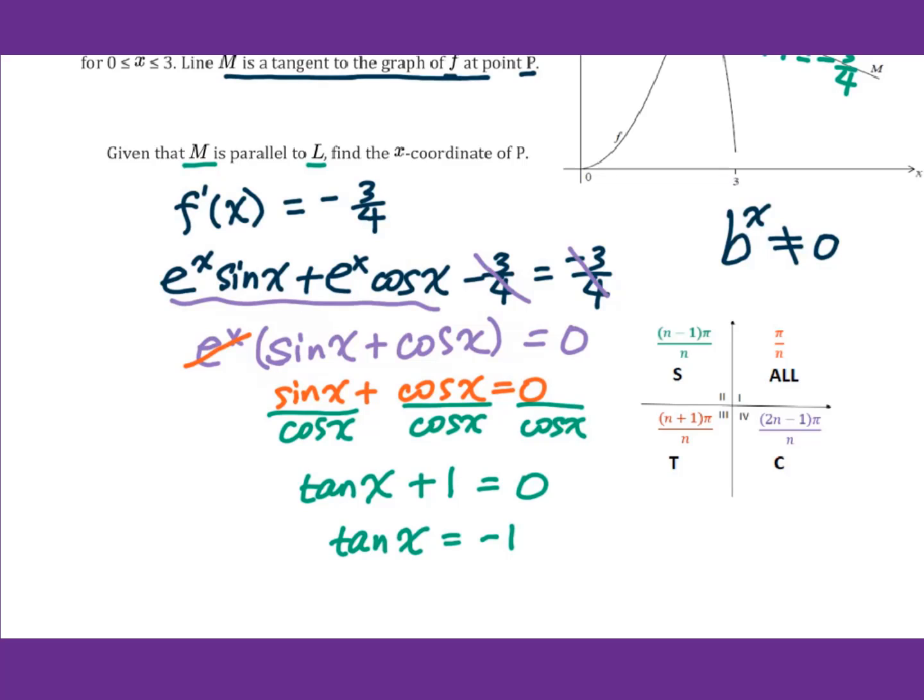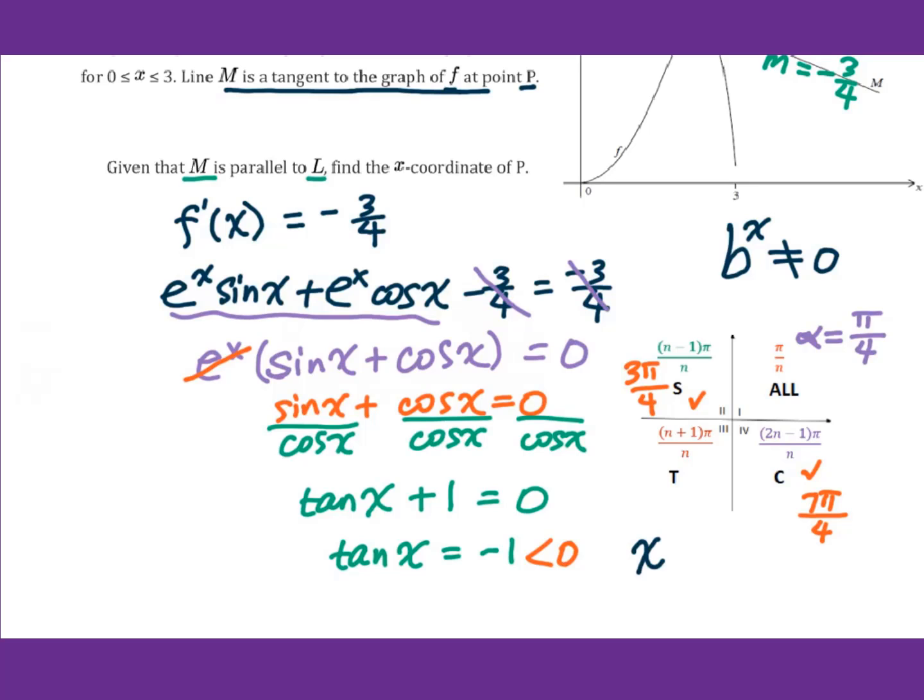We need to get the reference angle. Reference angle equals pi over 4. But tangent x equals negative 1, that's less than 0. So we go to the second and fourth quadrants. You will write down 3 pi over 4 and 7 pi over 4.